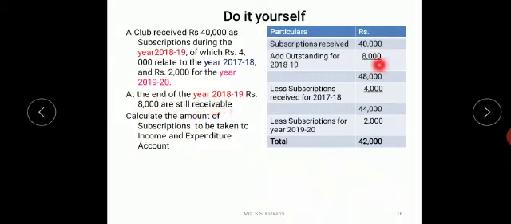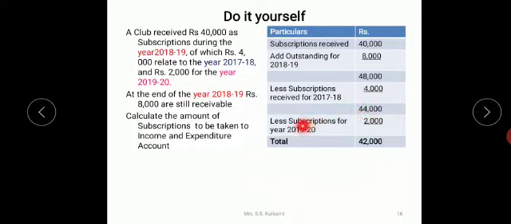So to 40,000 I have added 8,000, which gives me 48,000. Now from this I have to reduce the last year's amount of 4,000, which is outstanding subscriptions received for 17-18, the last year. So I will get 44,000 as the income.